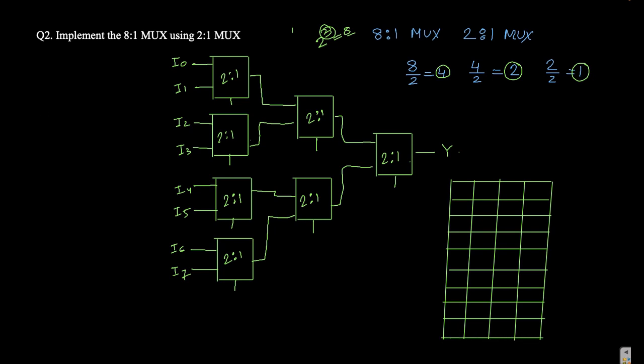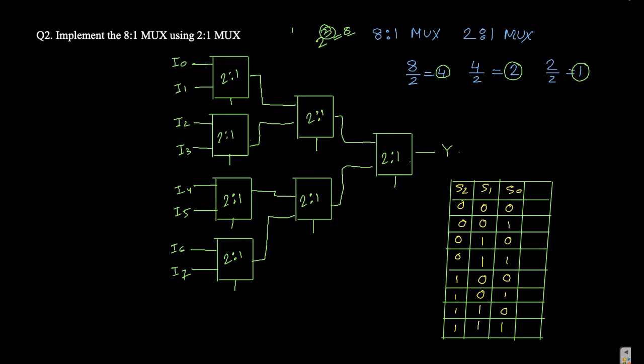Here we have to write down S2 S1 S0. The combination is 000, 001, 010, 011, 100, 101, 110, 111.